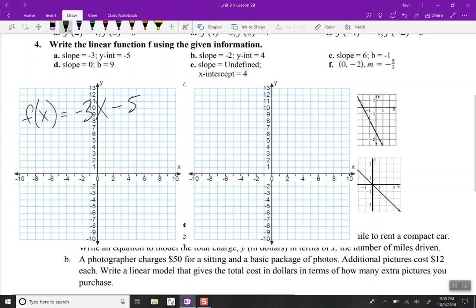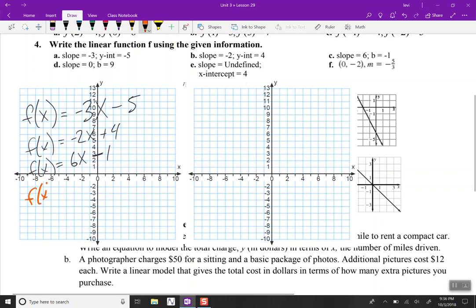Here's b next, f of x equals slope of negative 2 would be negative 2x, y-intercept of 4 would be plus 4. C, f of x equals slope of 6, that's 6x, y-intercept of negative 1, that would be minus 1.